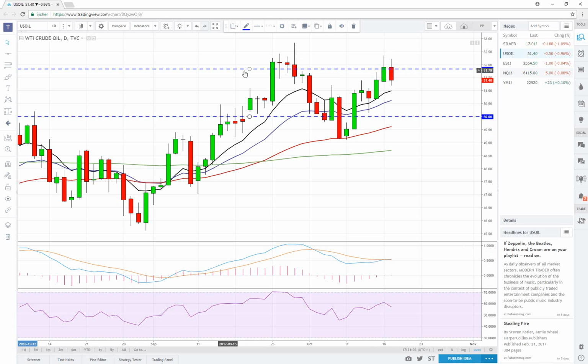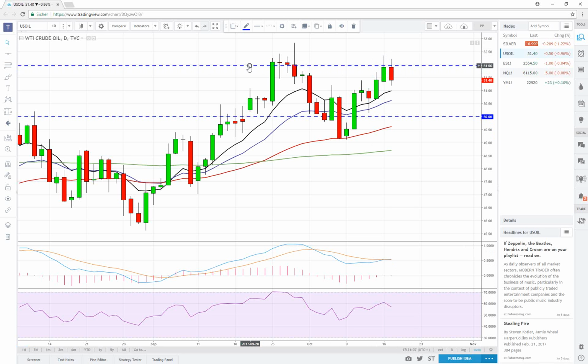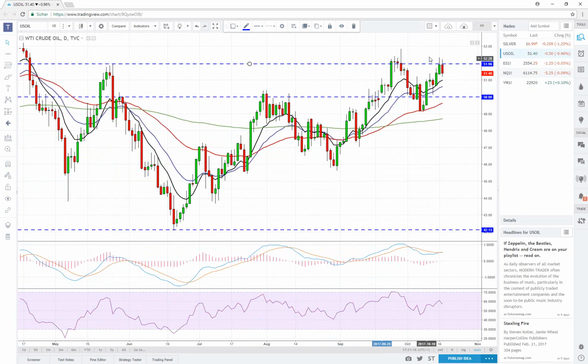And if we go here really for the 52 level, you see how price has been reacting to this level. My take on crude oil is, as long as price isn't really pushing much higher and defining a new clear higher high and coming down for a retest of this level and then pushing higher once again, I feel this market is still range bound.